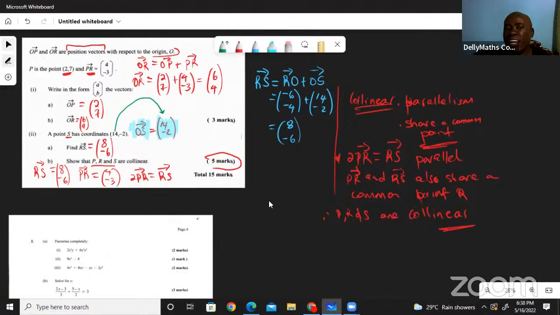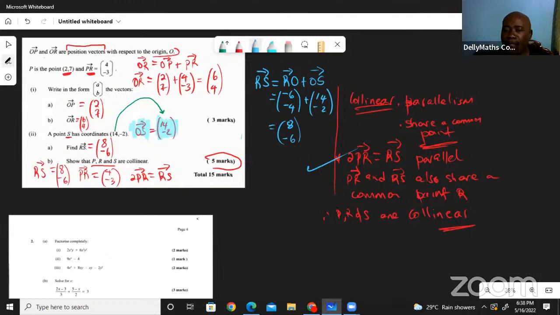Doesn't matter what it is, whether it's a rational, a fraction, or a whole number, factor it out. And if you can factor out one thing and then see the other vector showing up, that means they're parallel to each other. If you can multiply one vector by a number and get the other vector, it means that they're parallel as well. So as long as you're able to do that, just show it, and that will be enough information to say that they're parallel.